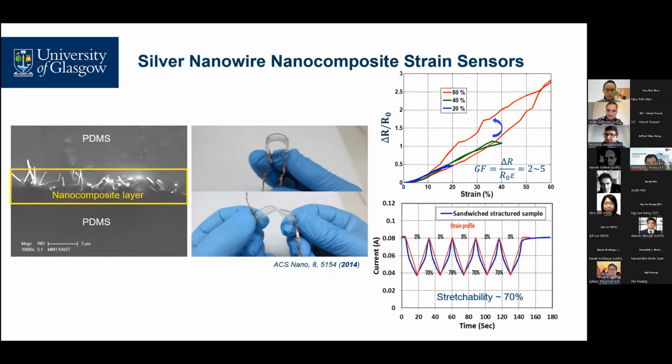If we define the gauge factor as the relative change of the electrical resistance of these sensors divided by the applied strain, then the gauge factor we achieved was in the range of 2 to 5. As you see in the bottom figure, these sensors can detect up to 70% strain with a reversible response.